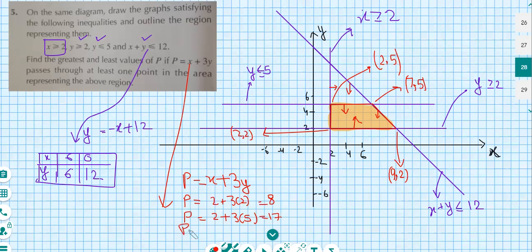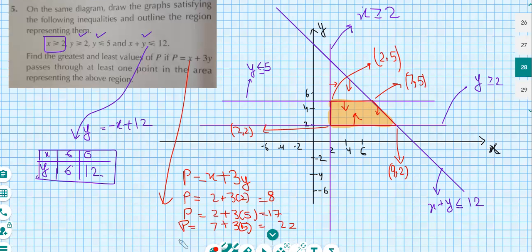Then p equal to the third point 7, 5. 7 plus 3 times 5, so I get 22. And the fourth one is 9, 2. 9 plus 3 times 2, so I get 15. So which one is the greatest? Obviously this one is the greatest.